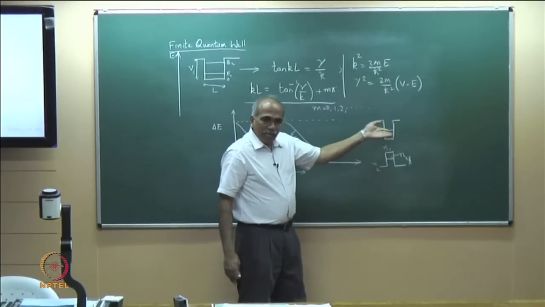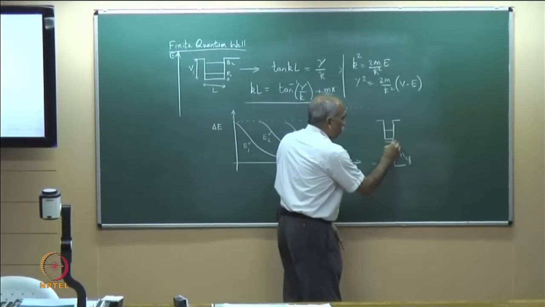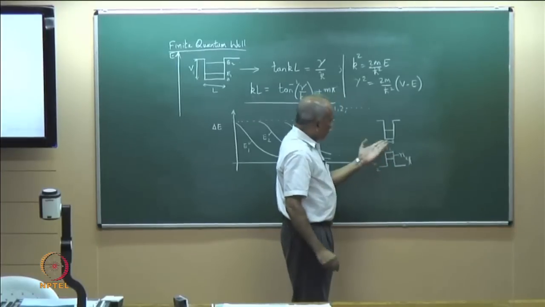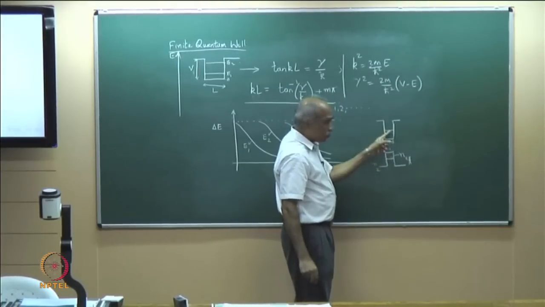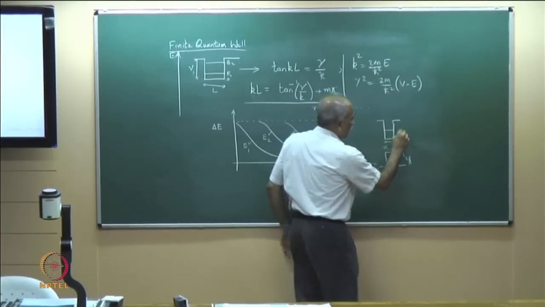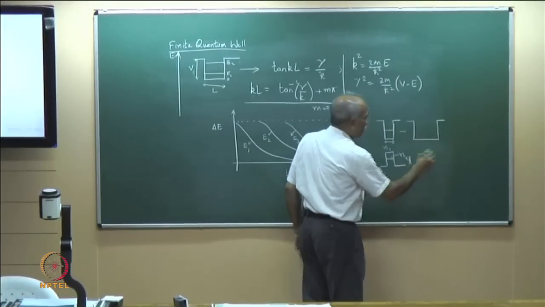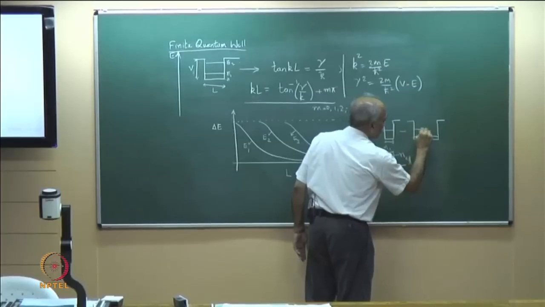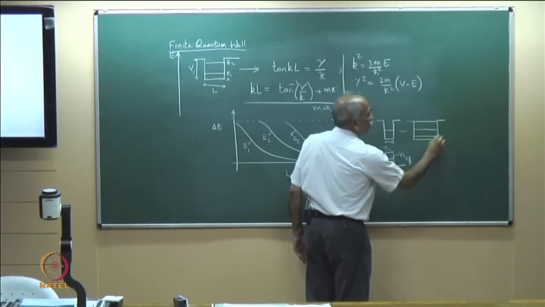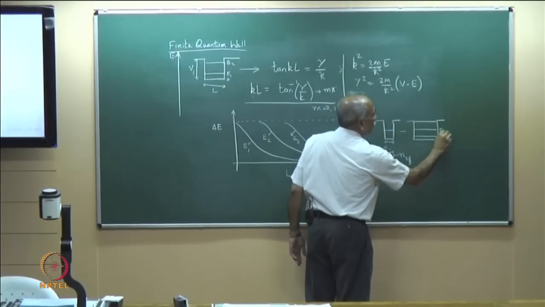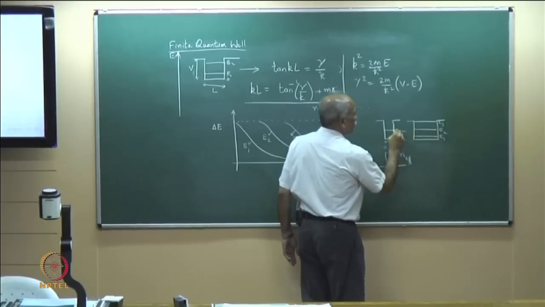Similarly, in quantum mechanics, if you have a well of certain width L, then depending on the value of L, it may support only one solution, and if the well width becomes larger, it may have many solutions. So, E1, E2, E3 and so on.